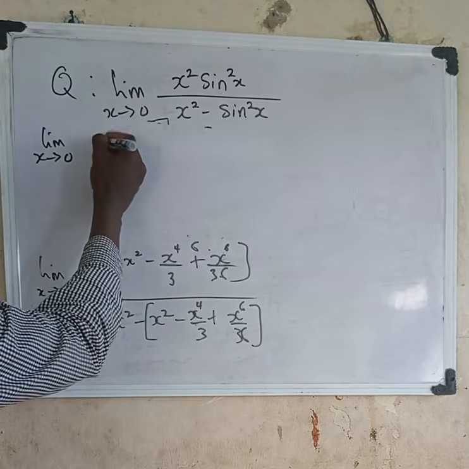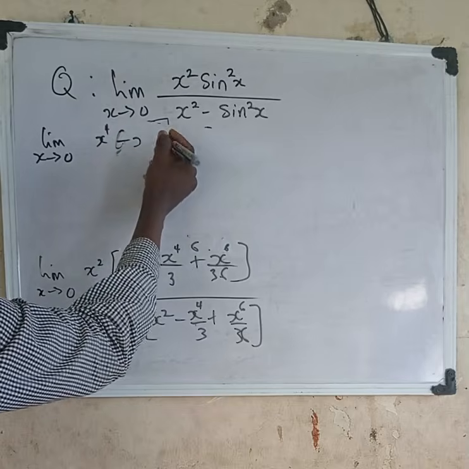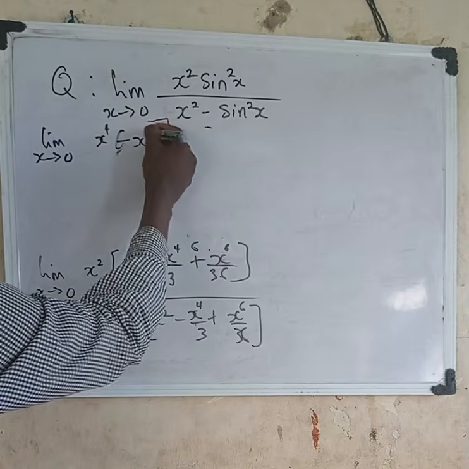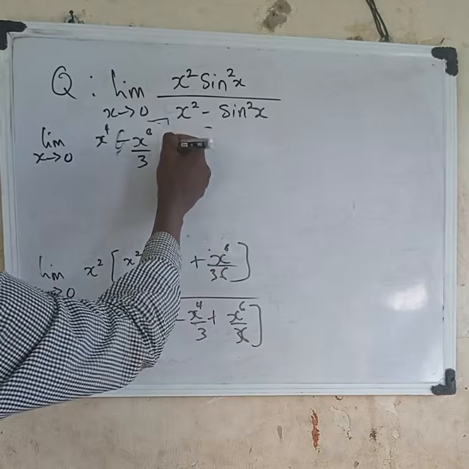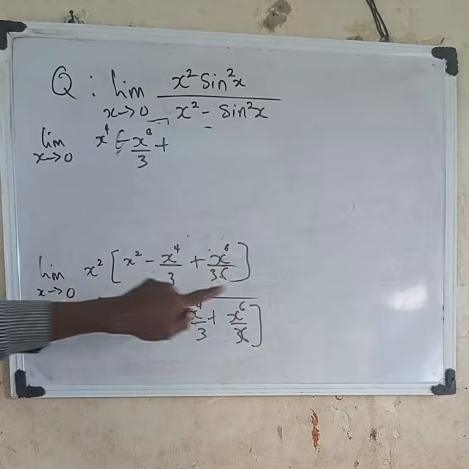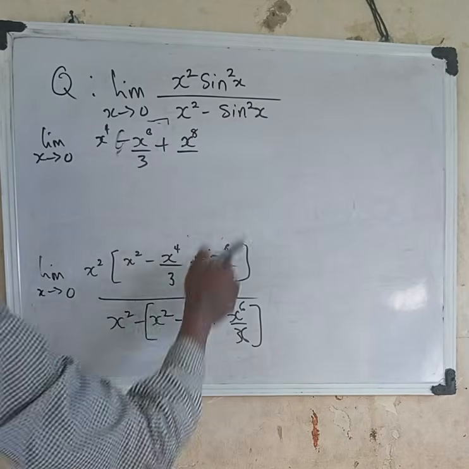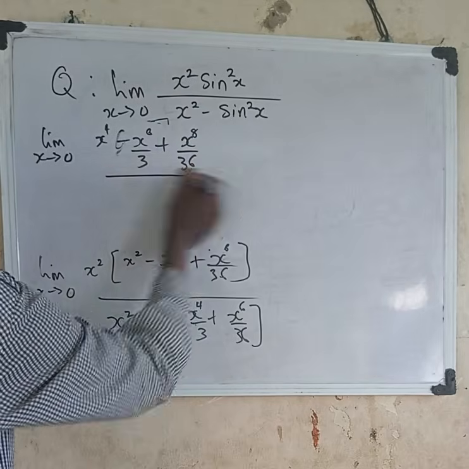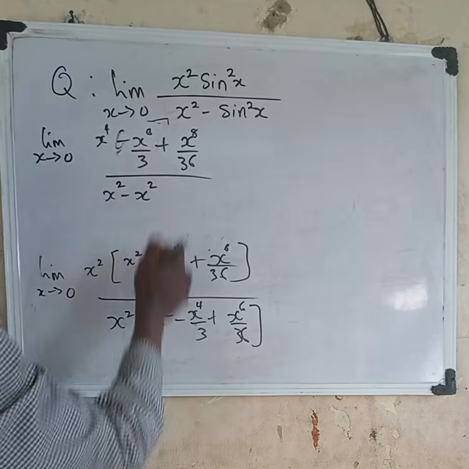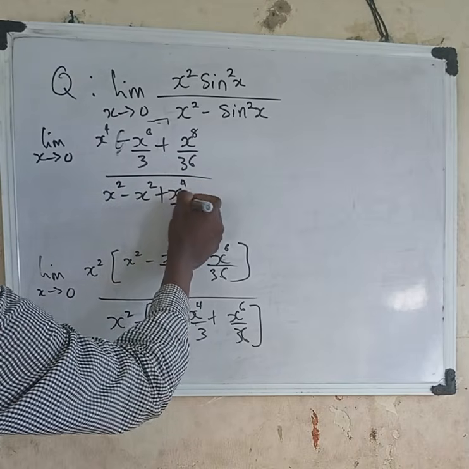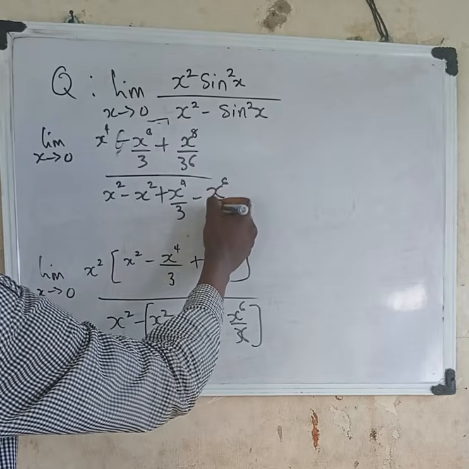Opening the bracket, we have x to the power of 4 minus x to the power of 4 over 3, then plus x squared times this, which is x to the power of 8 all over 36, then divide by, I open the bracket here also, x squared minus x squared plus x to the power of 4 over 3 minus x to the power of 6 over 36.